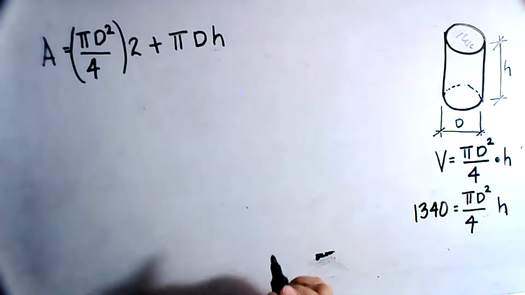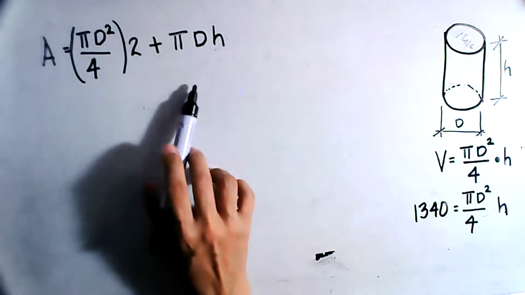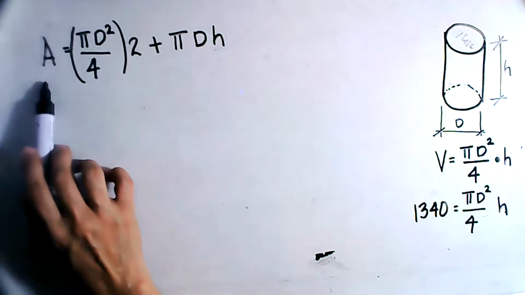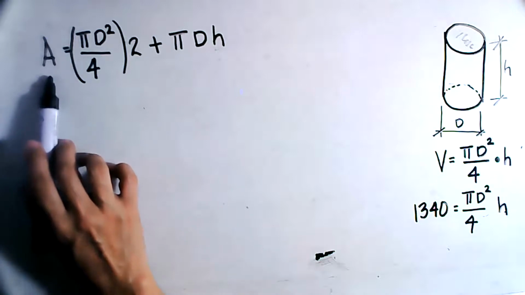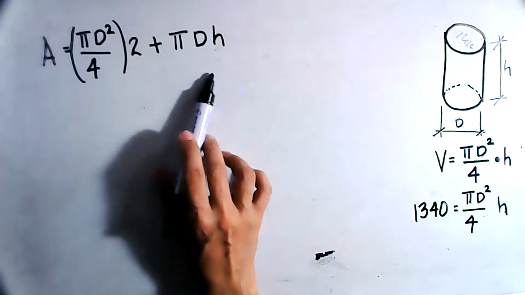So again, take note that since we are looking for minimum cost, the area should also be at minimum value. So that means we have to minimize the value for the area. Using this formula for the area, to make cost minimum, the area should also be minimum.